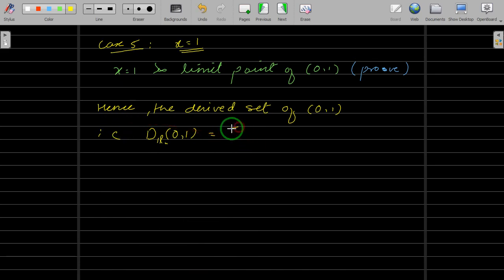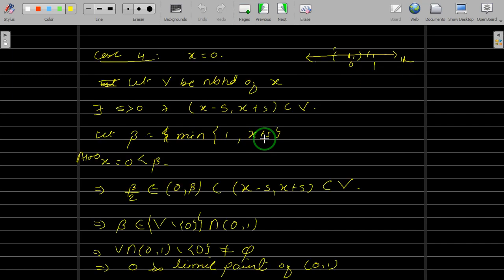So precisely you will have the closed interval [0, 1], because all the points in between are limit points, 1 is a limit point and 0 is a limit point. So the derived set is precisely the closed interval [0, 1]. Okay, that's it with this example.